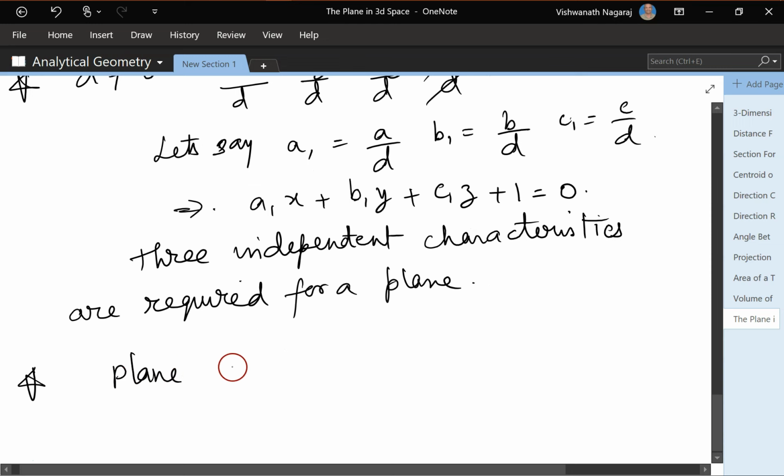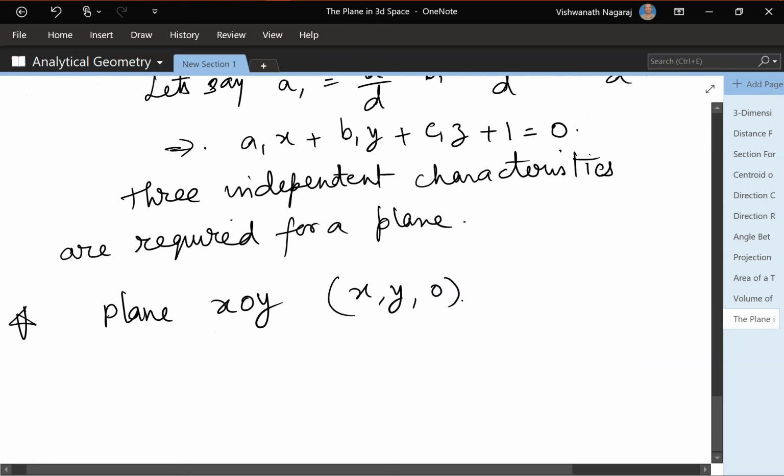Plane XOY means what? The values would be x, y, 0, because z is not there. What this means is that the equation for this would be z equal to 0.